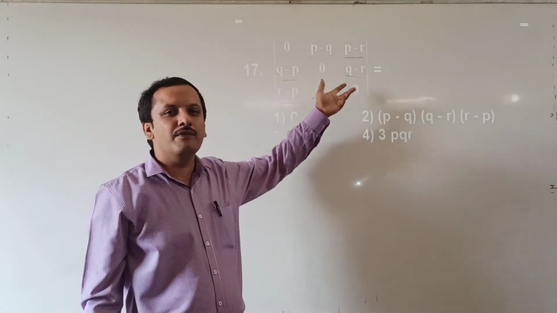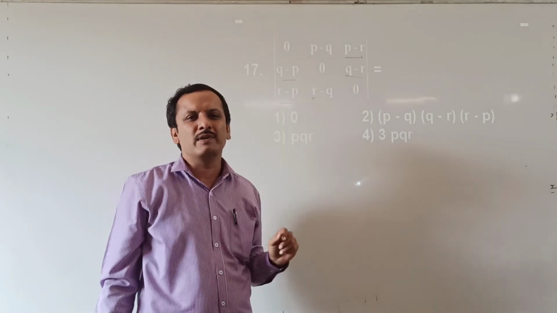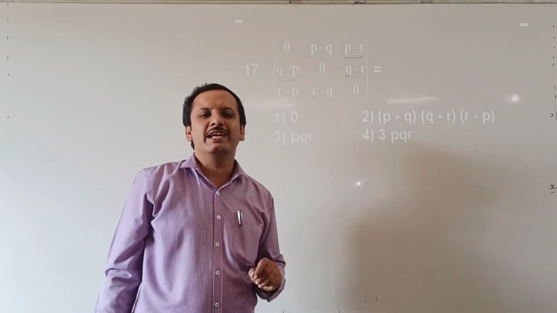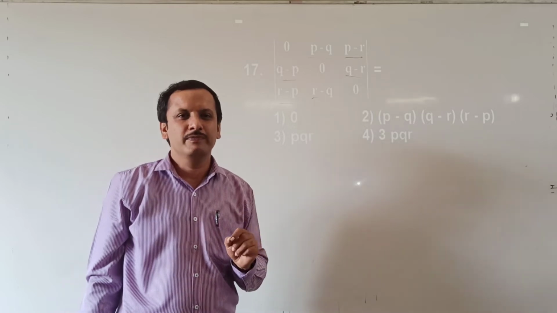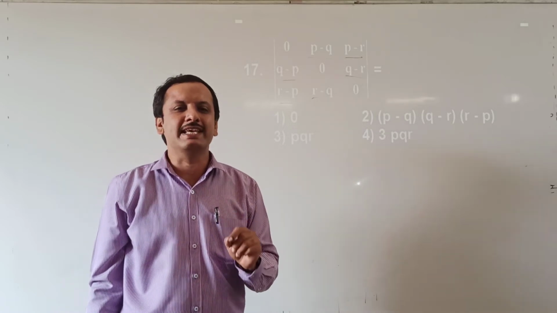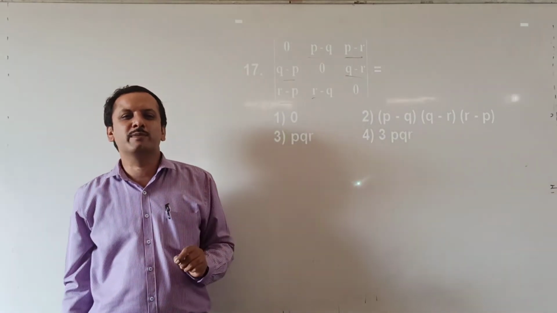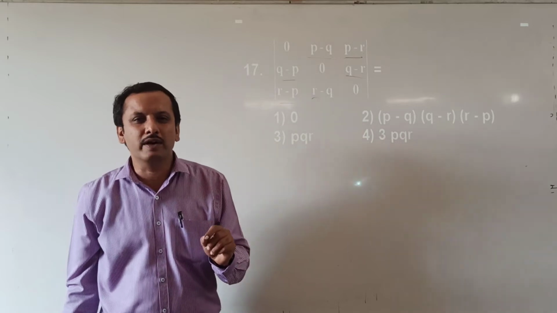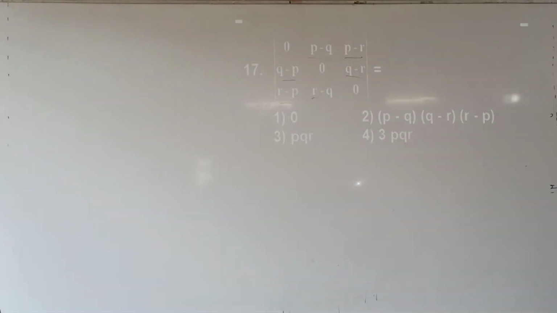This is a determinant of a skew symmetric matrix of third order. If you don't know, remember this formula: determinant of a skew symmetric matrix of odd order is 0 and of even order is a perfect square. Remember this result. So here 0 is the answer, first option.